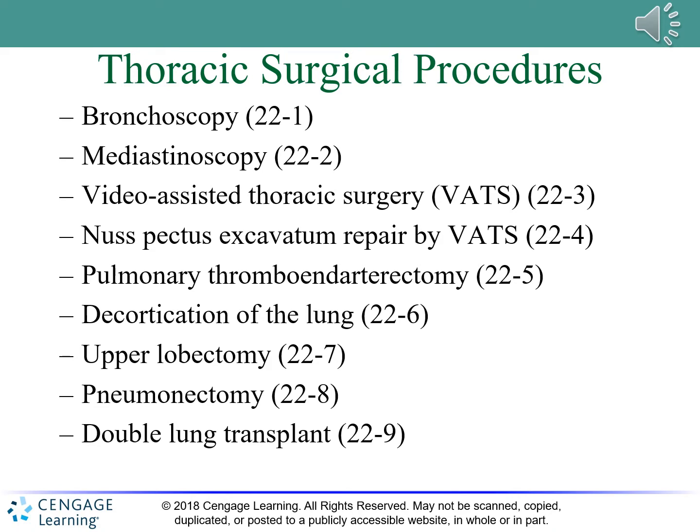All right, and the last one on this slide for thoracic procedures on 1025 is the double lung transplant. A lung transplant is performed for a variety of reasons, including emphysema, COPD, idiopathic pulmonary fibrosis, cystic fibrosis, and primary pulmonary hypertension.